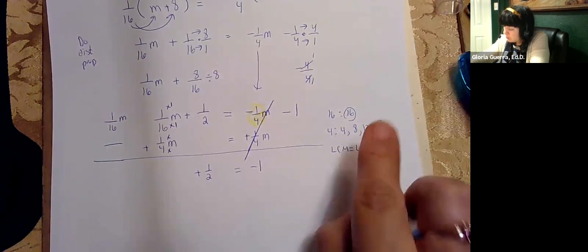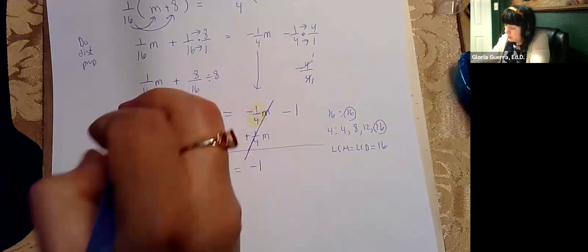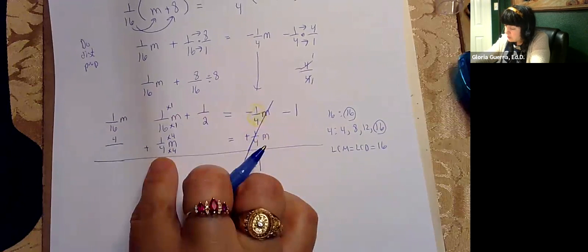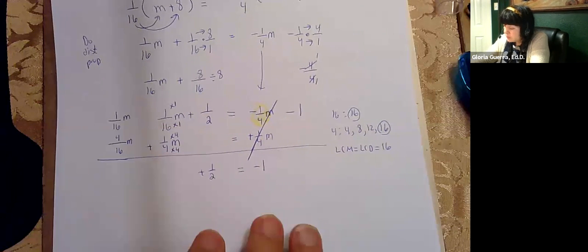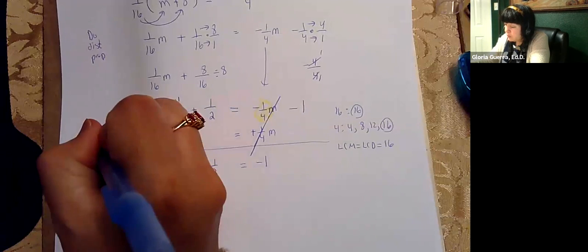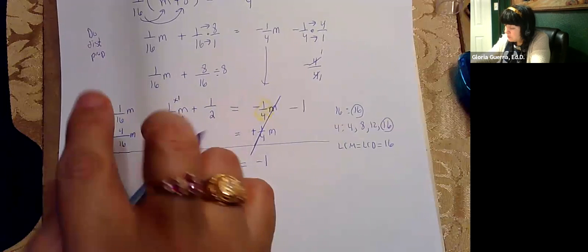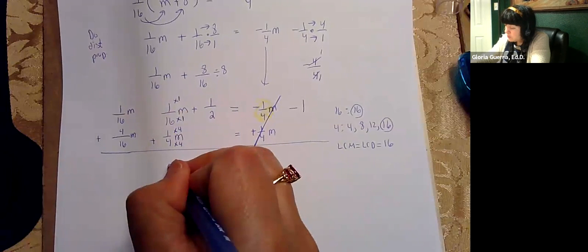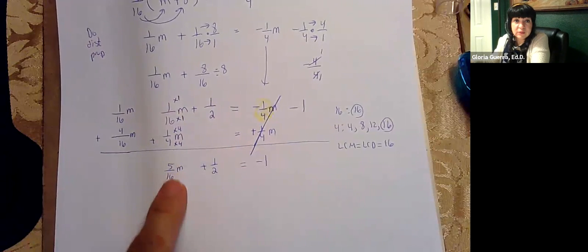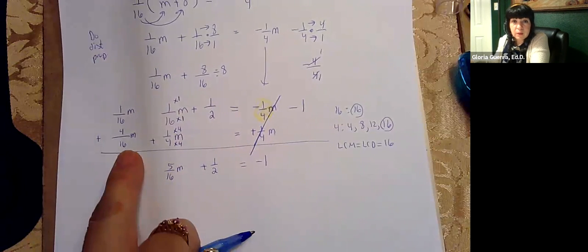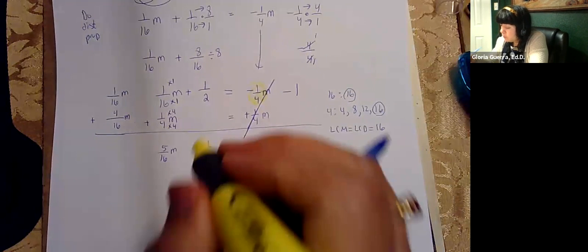So you need to multiply these by little 4s. 1 times 4 is 4. 4 times 4 is 16. And then with regards to m, you have 1/16 plus 4/16. And 1 plus 4 is 5. That gives you 5/16 m. Keep the denominator.